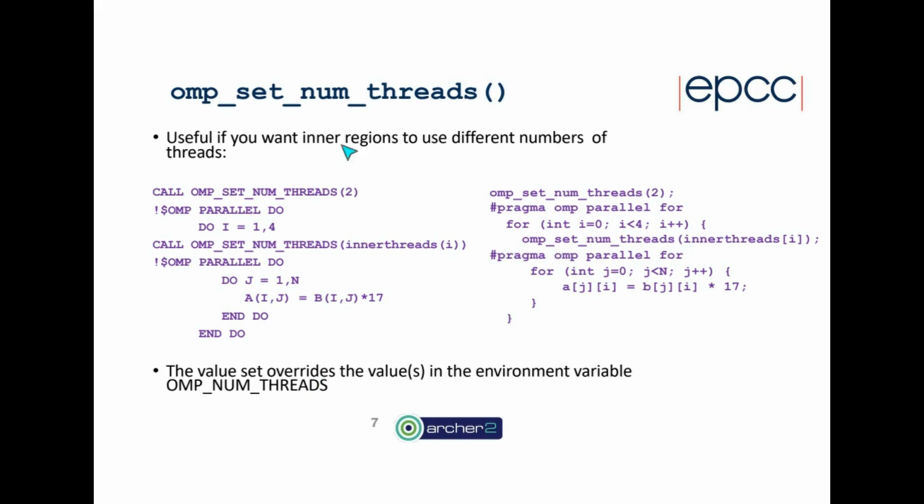Okay, so if we call OMP_SET_NUM_THREADS, then the value set overrides the value in the environment variable. What this is actually doing underneath is that OpenMP has this concept of internal control variables. And one of the internal control variables is called nthreads-var. That's what controls the number of threads that will be used for the next parallel region.